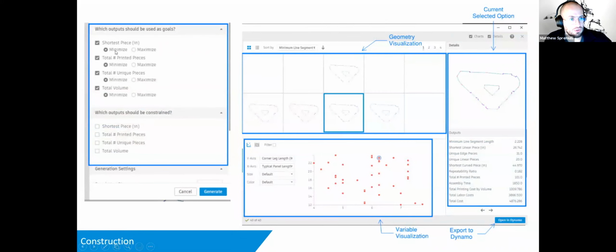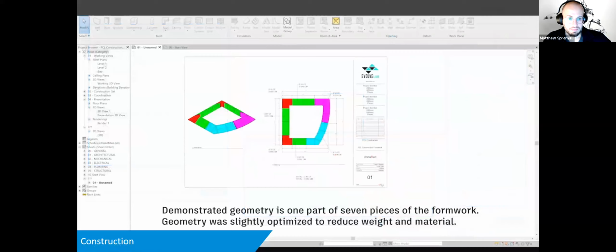So here they want to minimize the shortest pieces. They want to reduce the amount of 3D printed pieces. They want to minimize the unique pieces, so reuse more and more pieces, and minimize the volume. And you can see here they're using Refinery in order to get an option for the concrete.